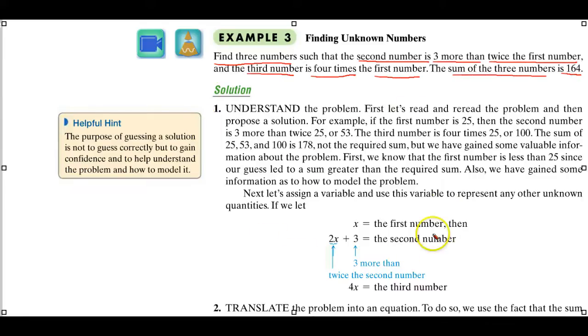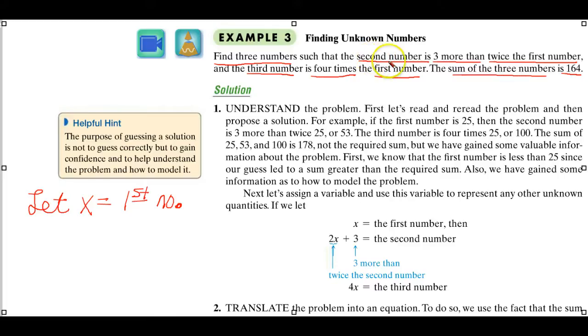Now you could read it here, but what I'm going to do is just think of a technique how you might do it. Well, as we read this, we don't know anything about the first number. So we're going to say let, and you don't have to write this, but this is how I was taught years ago. Let x equal the first number. So we don't know what that first number is.